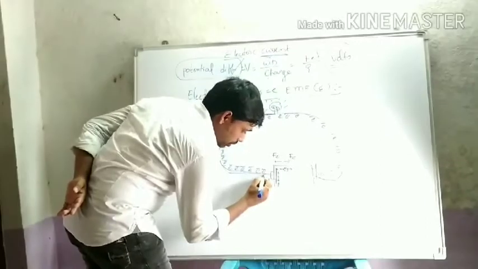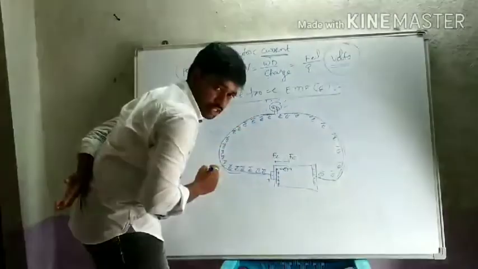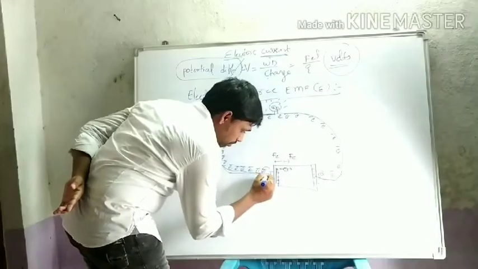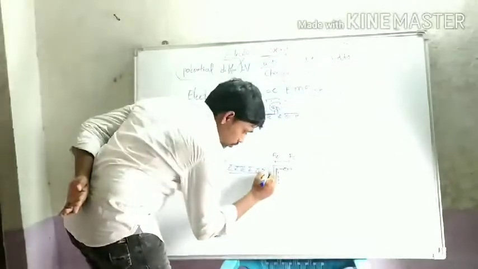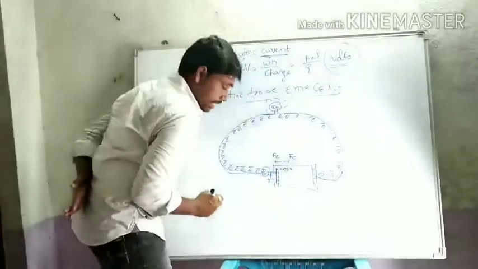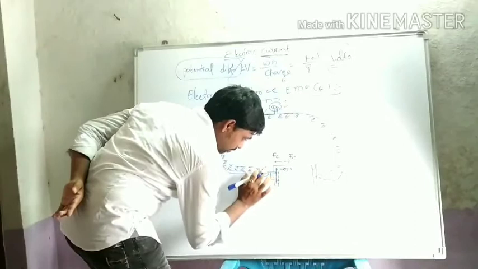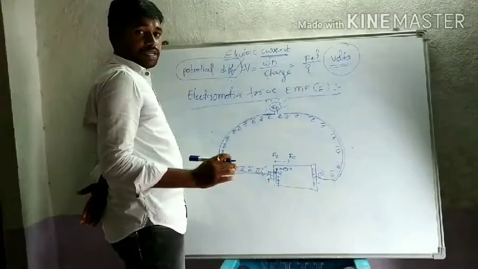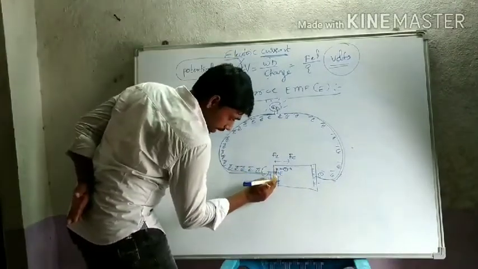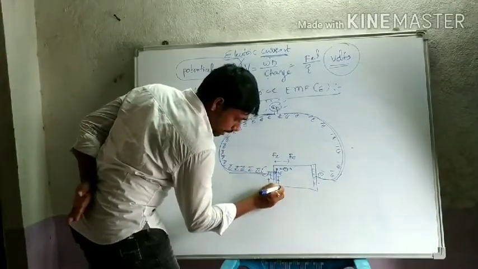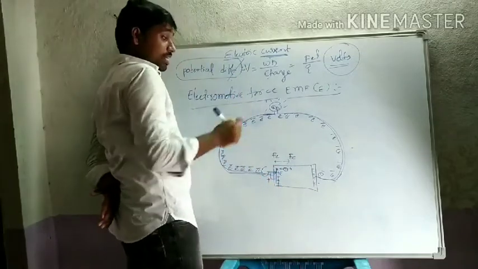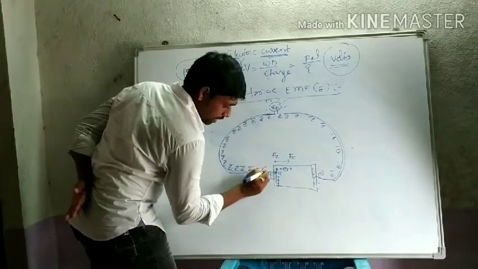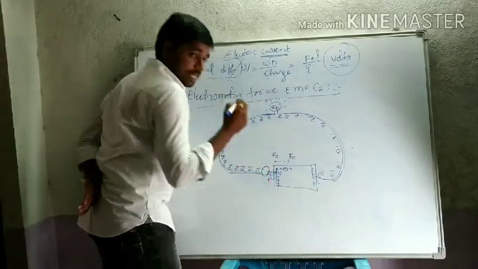Between the positive and the negative there is attraction. So some electrons from the conductor are attracted by the positive terminal, and these electrons leave from here and come and deposit on the positive terminal. As a result, the positive ions on the positive plate are reduced. And one more thing has happened in the conductor: due to the attraction of positive ions, a hole is created in the conductor.